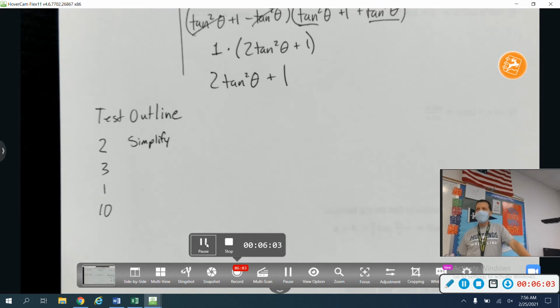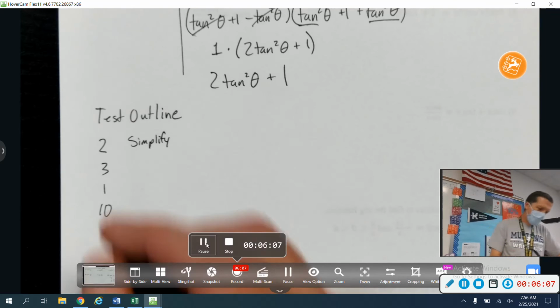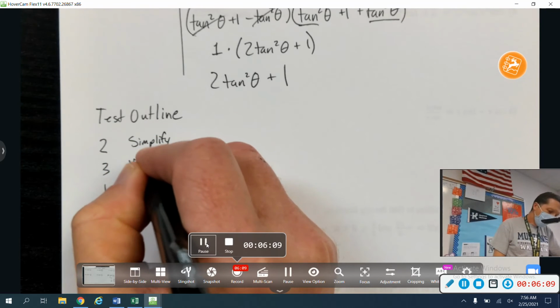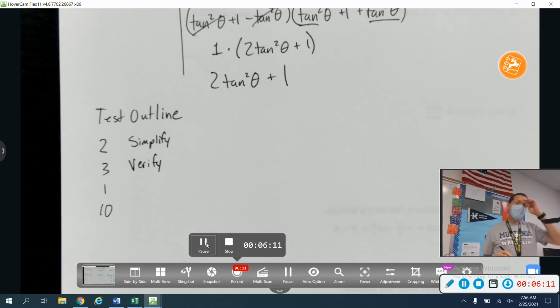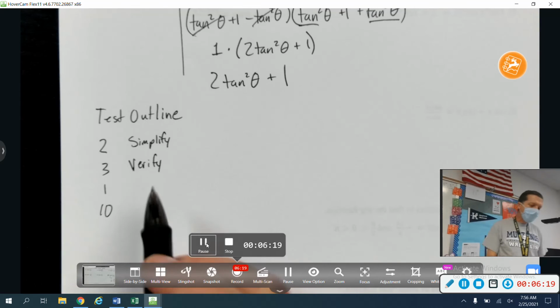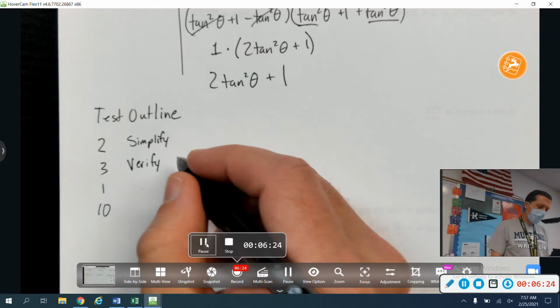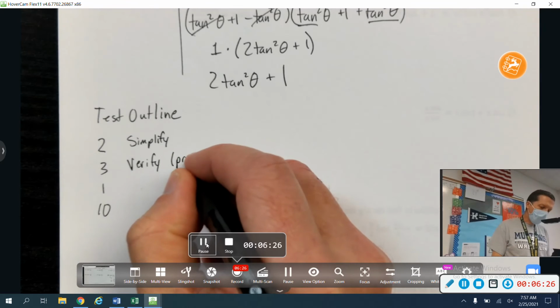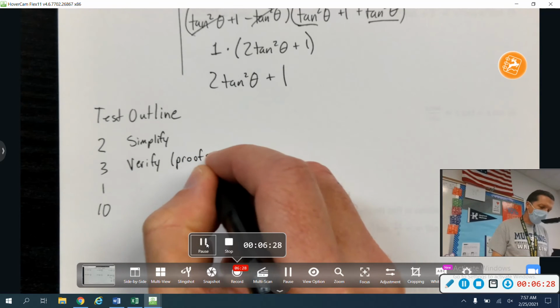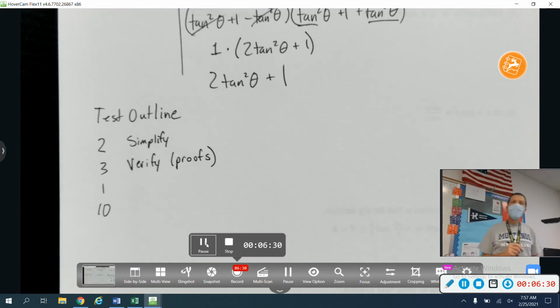So use identities, use information, but you don't know the answer. There's 3 verify problems. Those are a lot like the simplify problems, except that you have the answer, so you kind of know what you're going to. You're also allowed to work on either side, but only on one side. We hesitate to use the word because you've got such a bad taste in your mouth from geometry, but those are proofs. You know, very different than geometry proofs, but they're proofs.